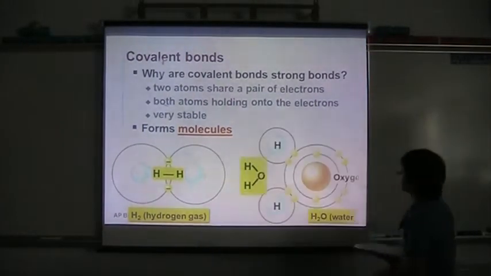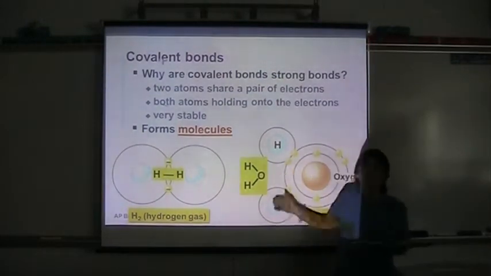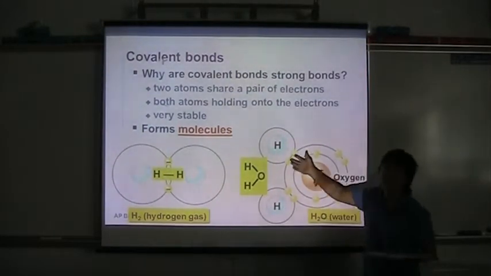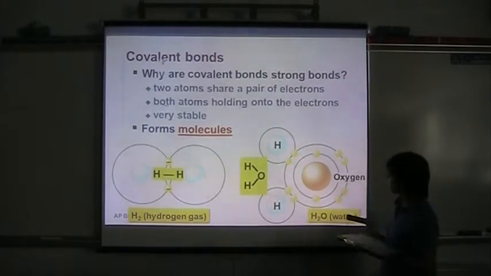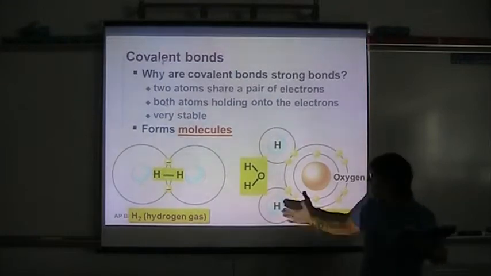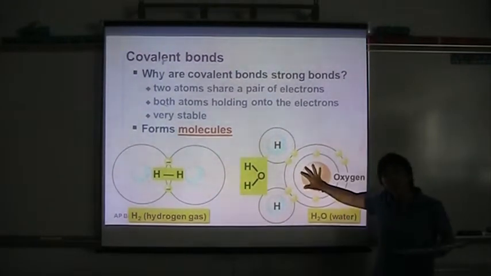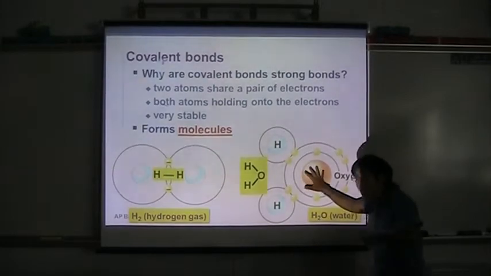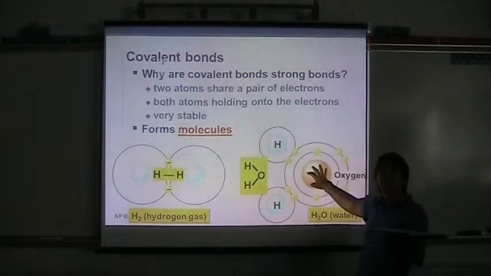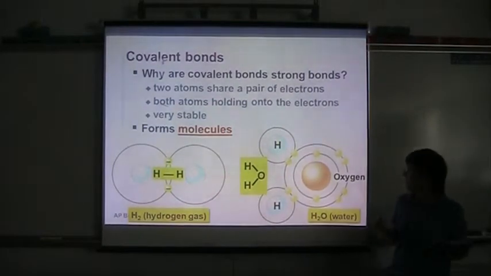Wonderful world. Here you have oxygen with two hydrogens. Oxygen needed two electrons in the valence shell, so it grabs one from one hydrogen, one from another, and you have the famous water molecule. What's the problem with oxygen? Oxygen has eight protons in the nucleus. It's an electron sucker. It's attracting things very hard.